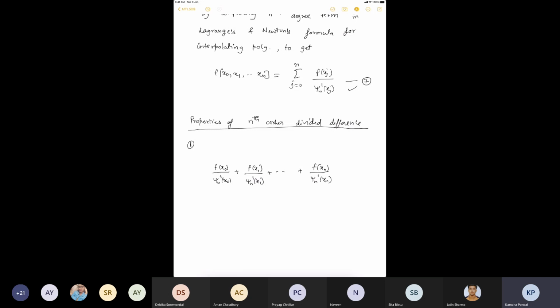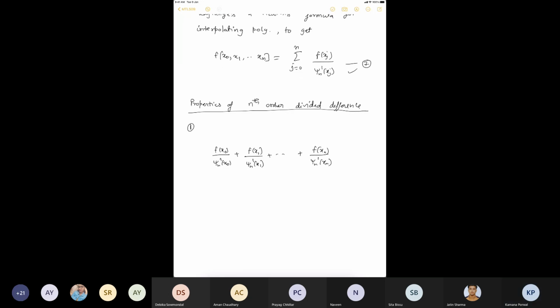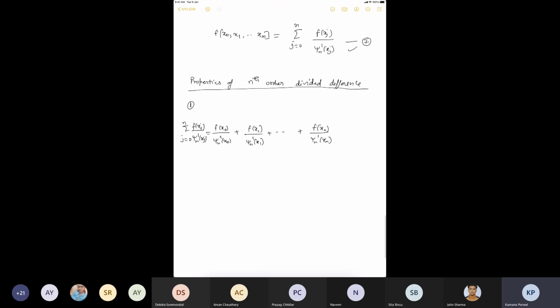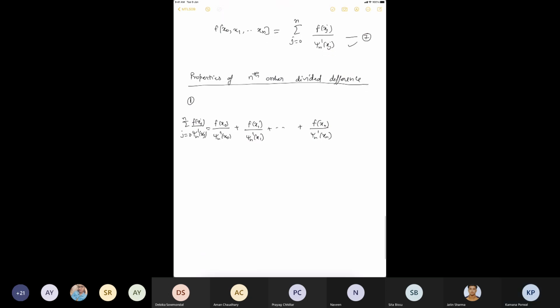Right? Now if I change the position of these xi's here, suppose instead I consider a new set, let's call it i0, i1, up to in.